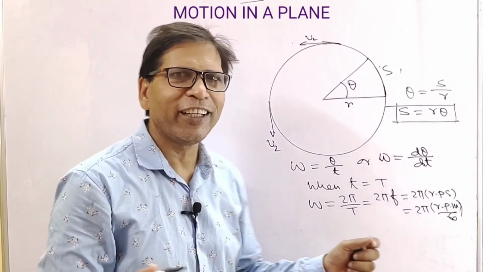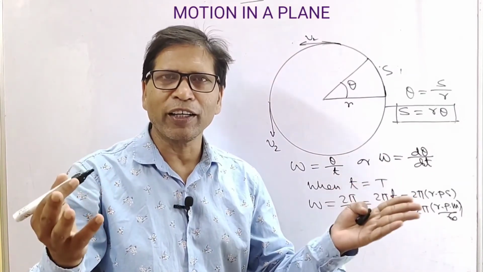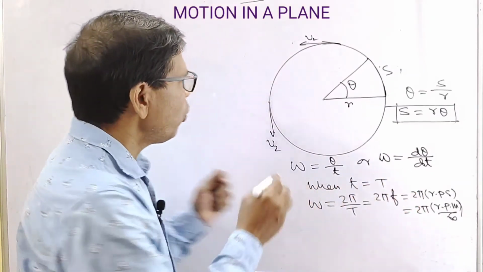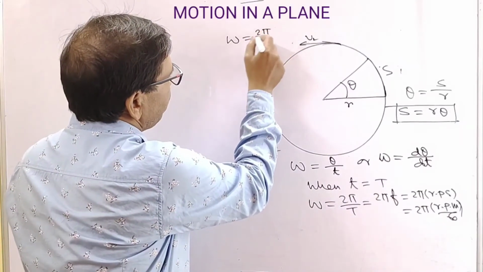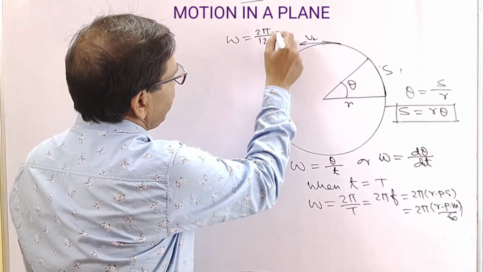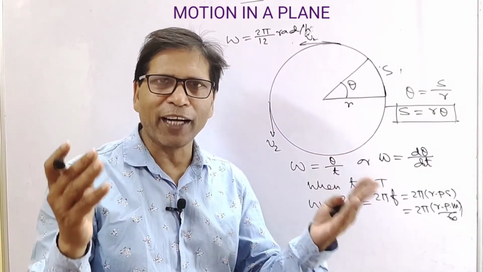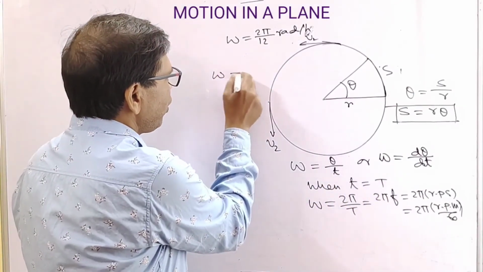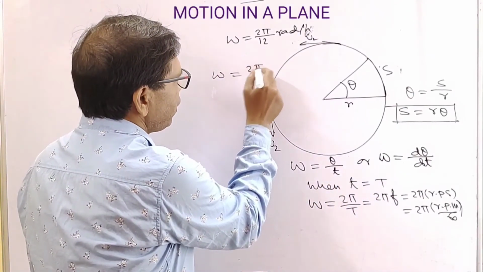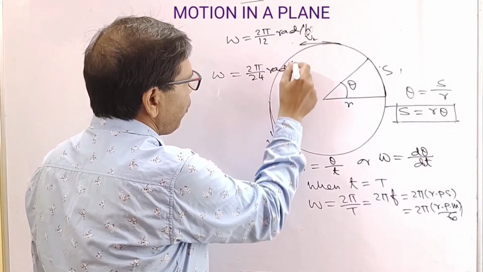Understood? The time period of the minute hand of a clock is 12 hours, so the angular velocity of the minute hand is 2 pi by 12 radian per hour. The time period of rotation of the earth is 24 hours, so the angular velocity of rotation of the earth is 2 pi by 24 radian per hour.